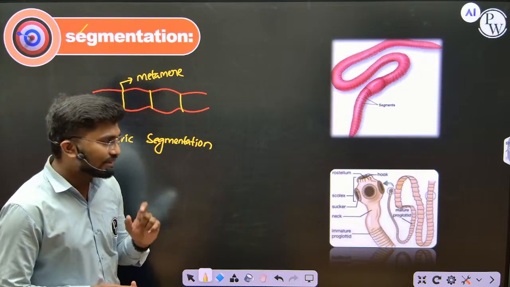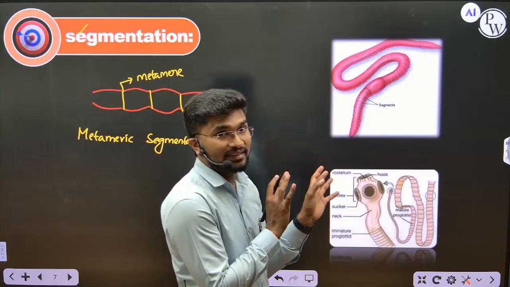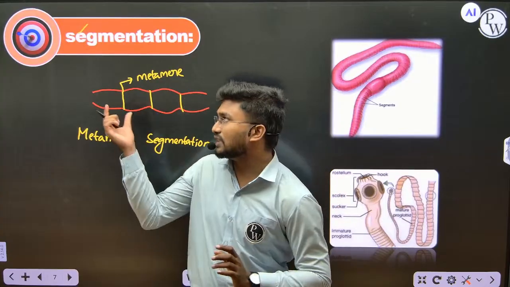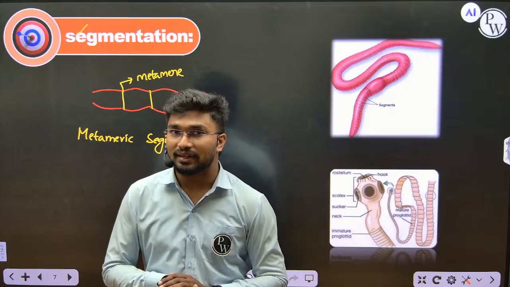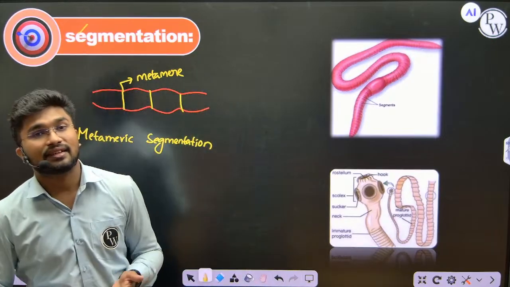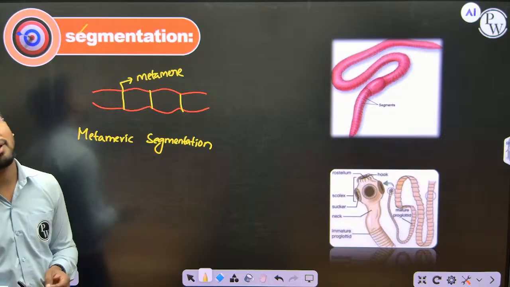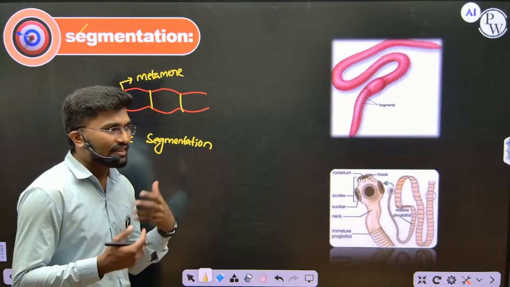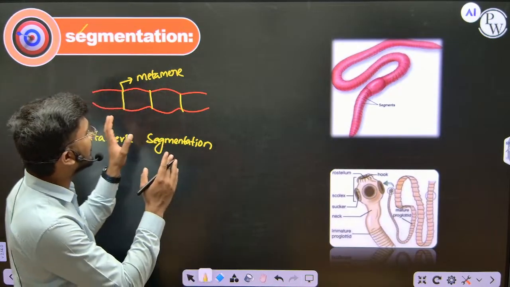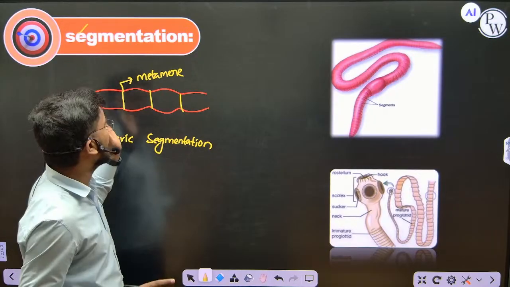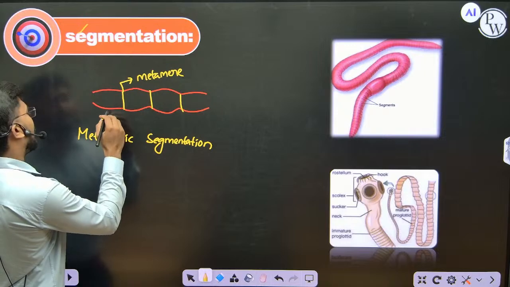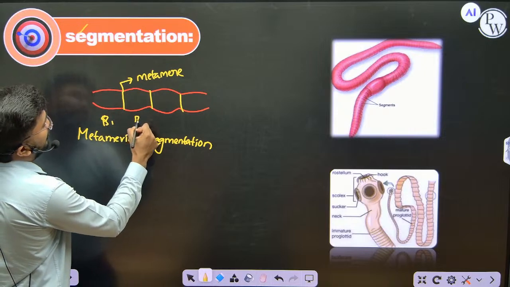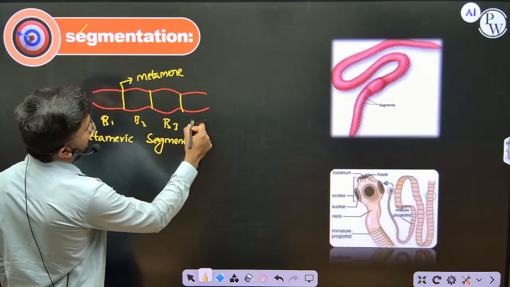NCERT has given a definition. What is the definition of segmentation? The animal body is both externally and internally segmented with at least a repetition of some organ. What they are trying to say is, imagine a train coach, say an AC coach with B1, B2, B3, B4.